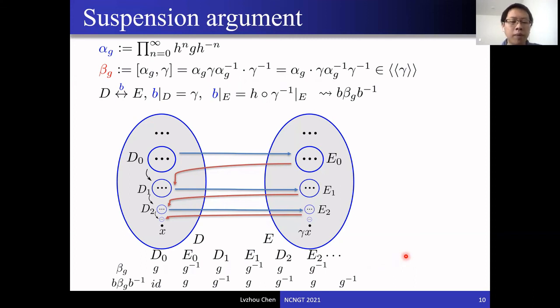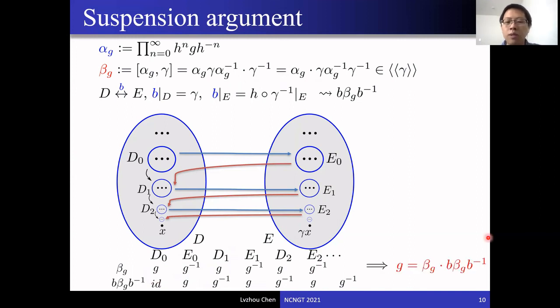So the conjugate of beta G by B gives you the same alternating pattern, but everything is shifted by 1 unit. So when you multiply these two elements together, everything cancels out on all these subdisks, except on D1, where we just get the original copy of G.